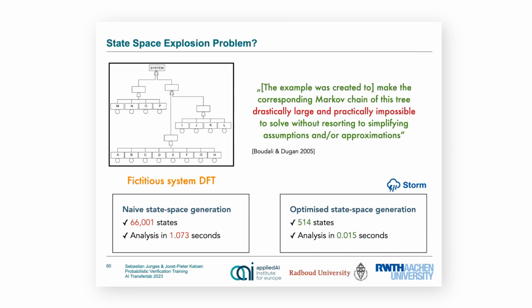This is what we worked on quite a lot in the last, I would say, almost a decade: to optimize state space generation for these kinds of models. So now if you run Storm on this example, it is analyzed in a split second. And you get exact results. So no approximations, no abstractions.